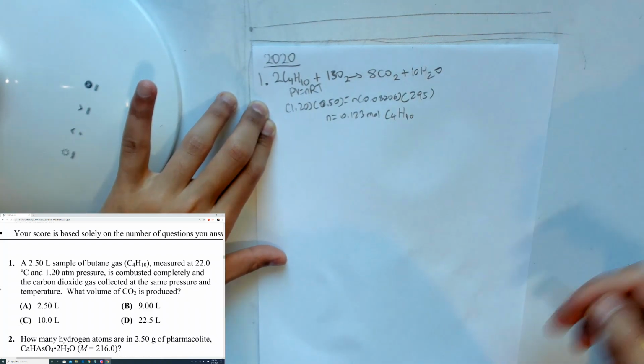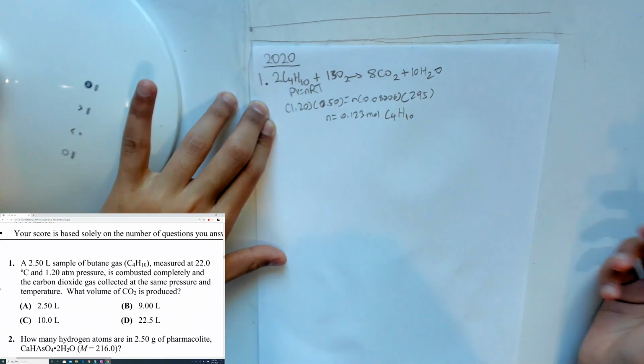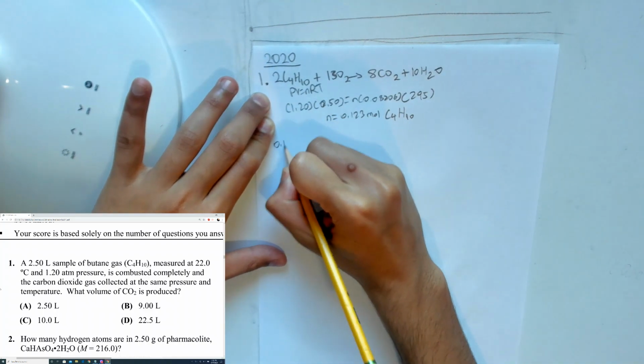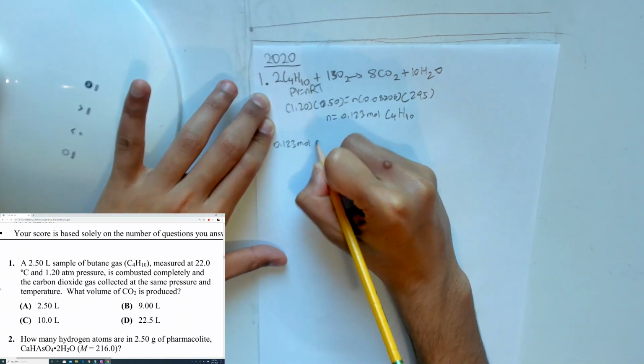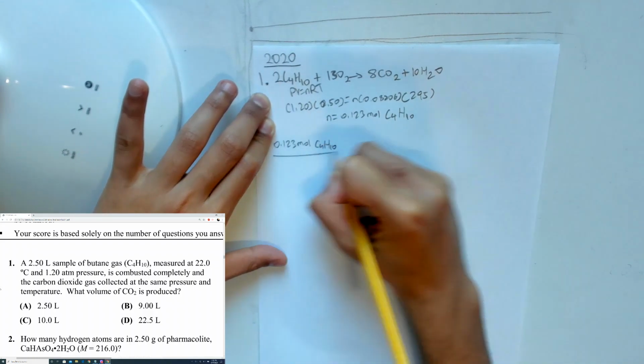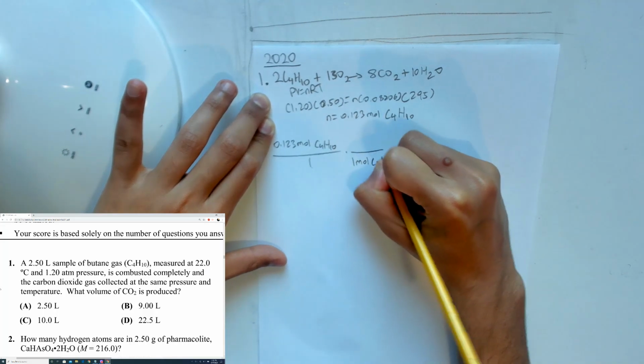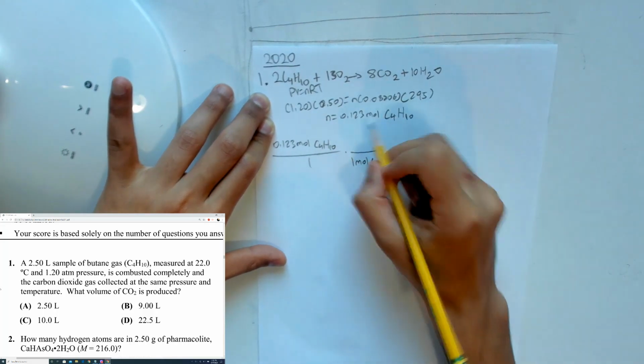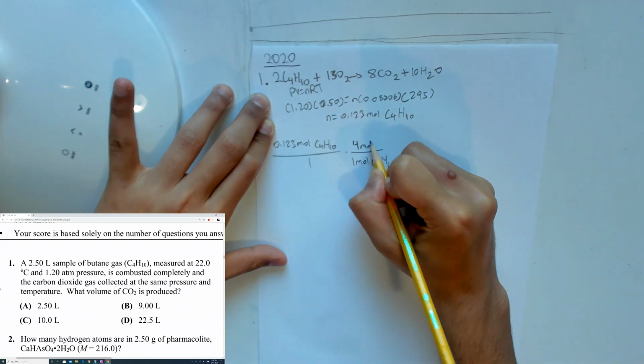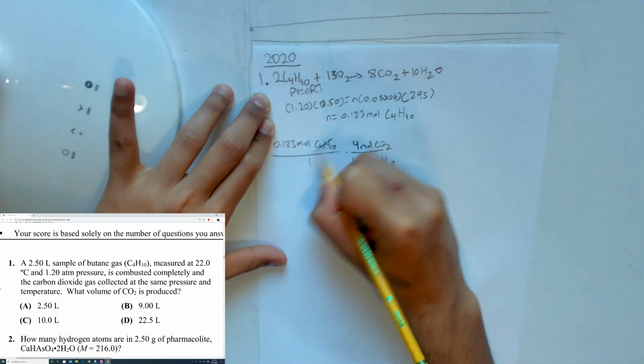Now we're using the stoichiometric 1:4 ratio to find the moles of carbon dioxide, starting from 0.123 mole of C4H10. For every 1 mole of butane gas that reacts, you get 4 moles of carbon dioxide.